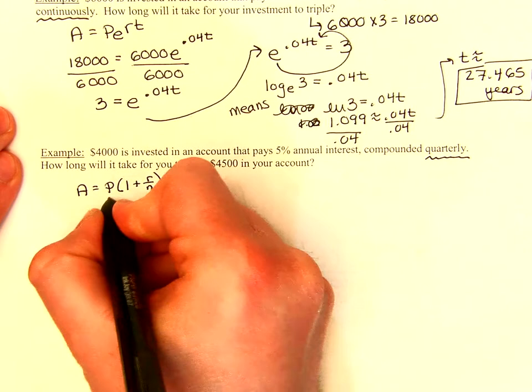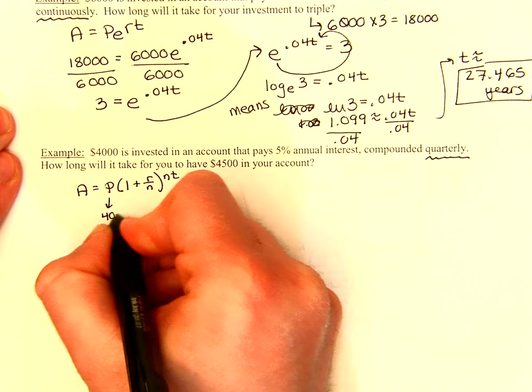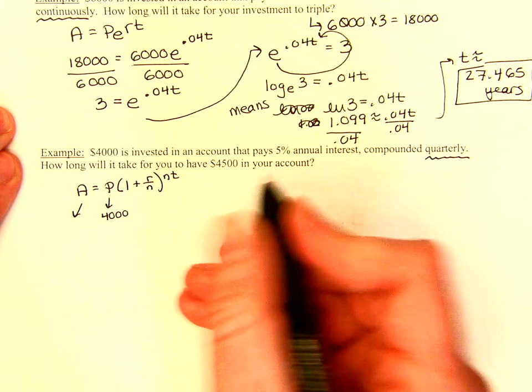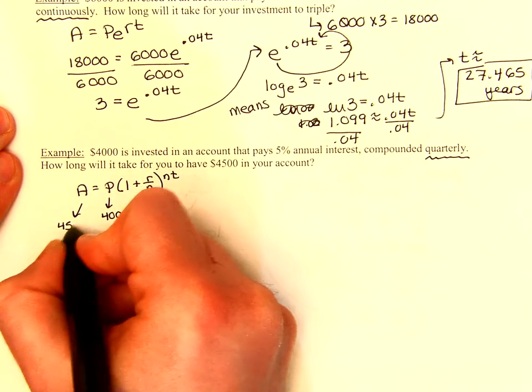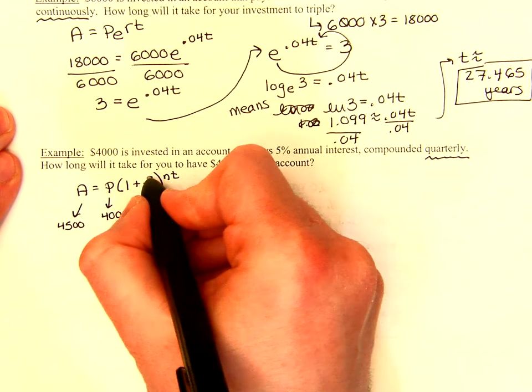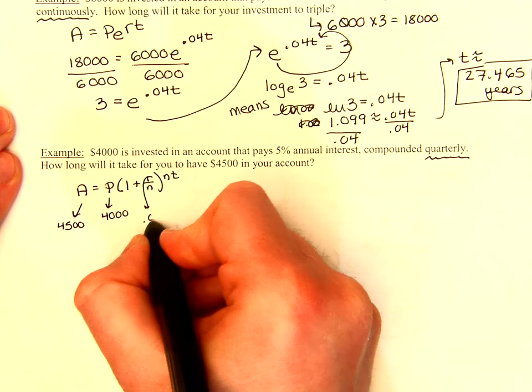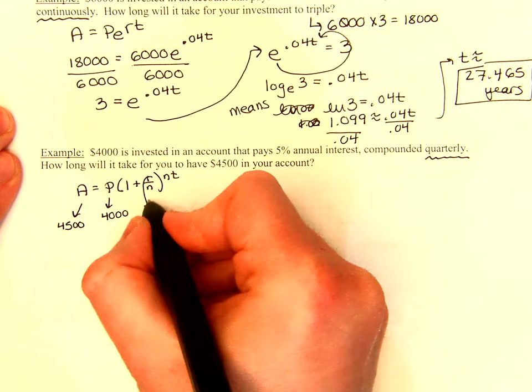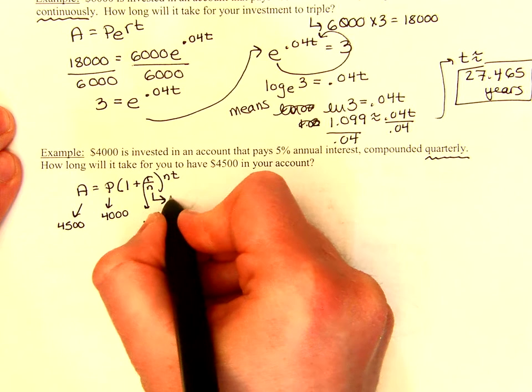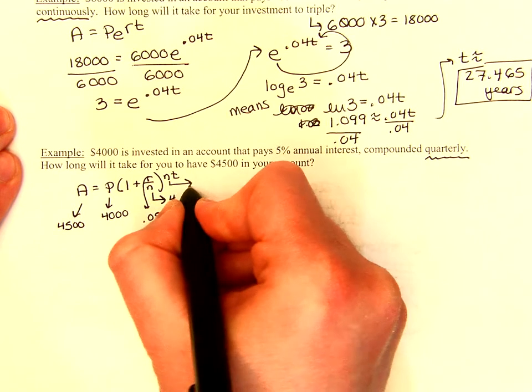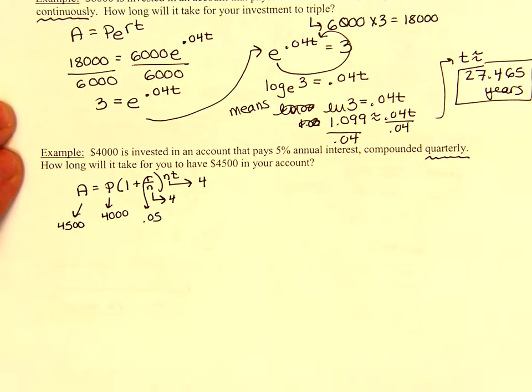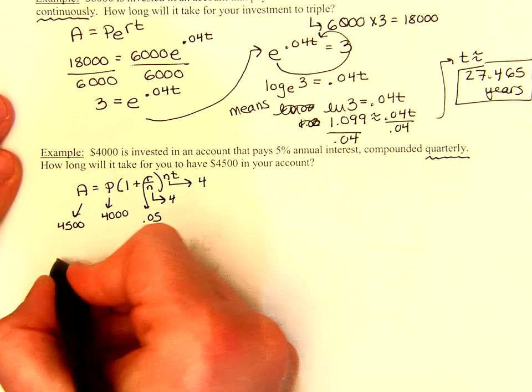I know my starting amount is 4,000. Ending amount is 4,500. My rate is 0.05, and quarterly means n, the number of times I do this in a year, is 4. So I'm going to fill in a 4 for both of those n's.